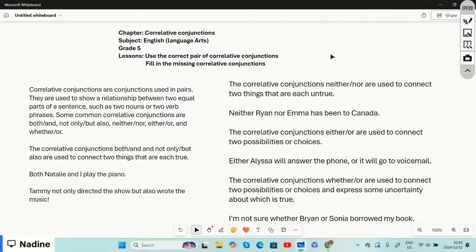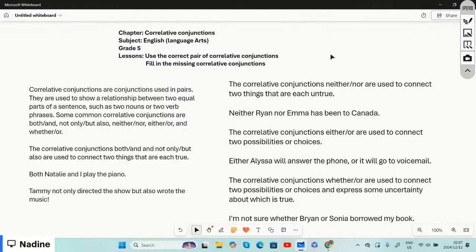All right. So when it comes to correlative conjunctions, they are conjunctions used in pairs.